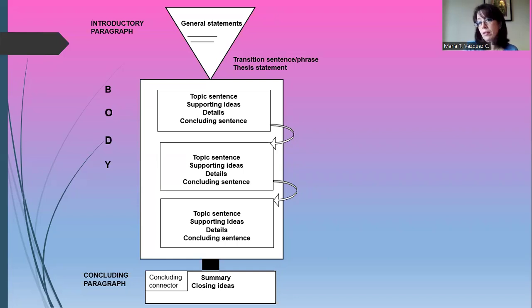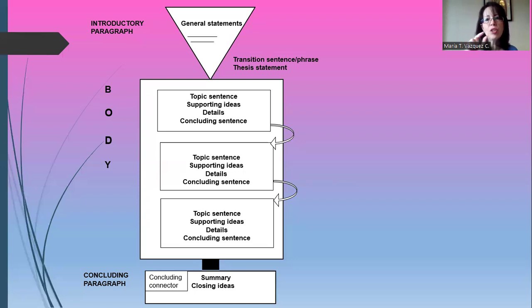Well, you can include a question, share experiences, a historical background, a definition, statistics, facts, 2 or 3 ideas. Never summarize the content of your essay in the introduction.